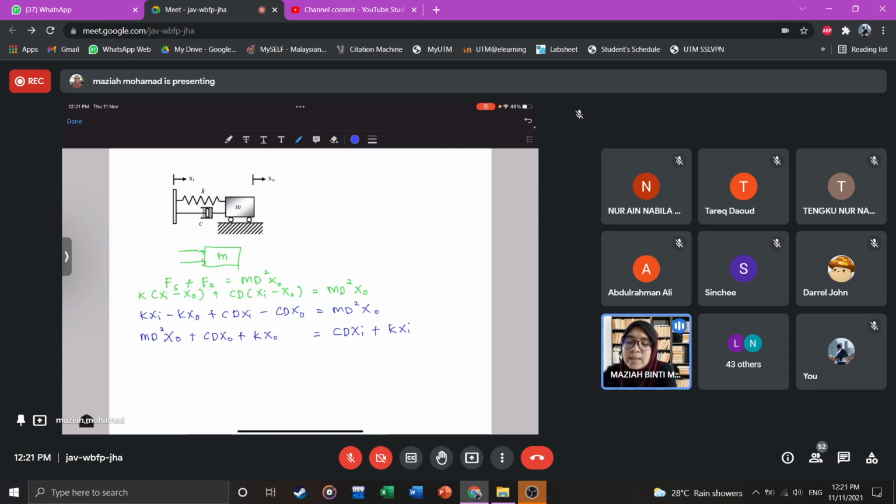We can see here m d square, where d square represents d square x over dt square, so it's already in the ODE because d is the differential operator. So here is our ODE.